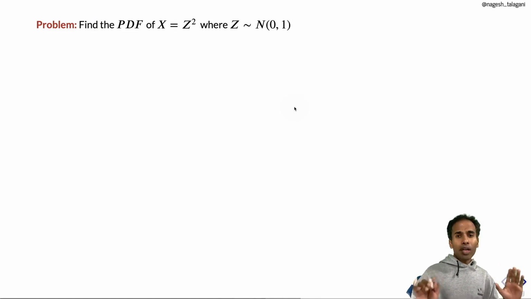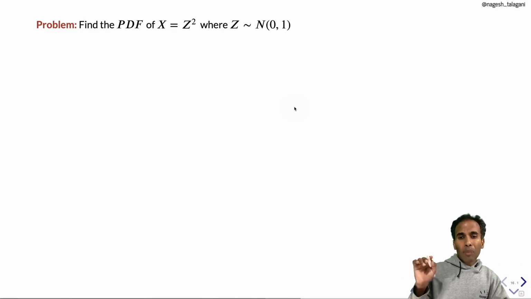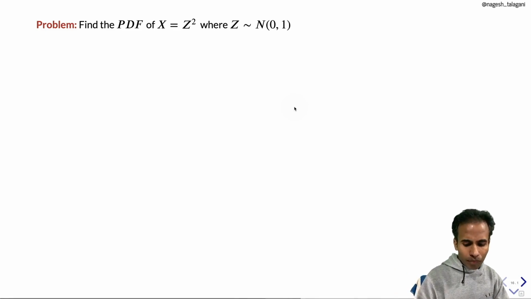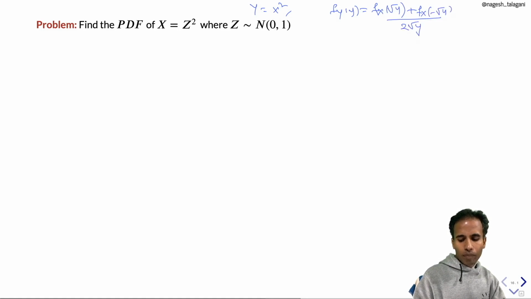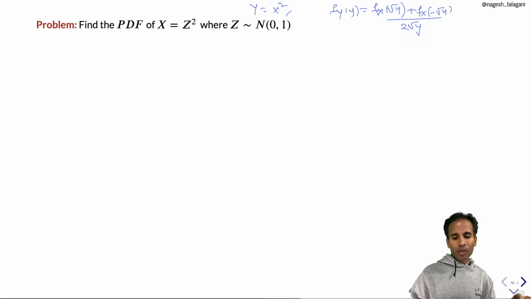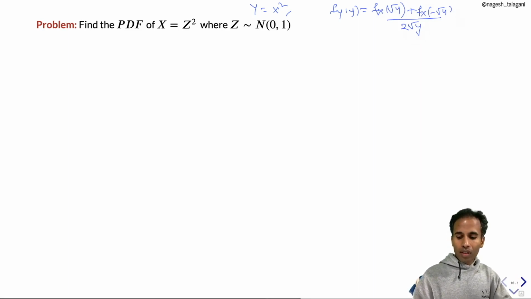We already know from the knowledge of probability distributions of transformations, when we have Y equal to X square, we can write down the PDF of Y in terms of the PDF of X like this: f Y of y equal to f X of root y plus f X of minus root y, by 2 root y. Further, if f X happens to be an even function, this further gets simplified to f X of root y by root y.